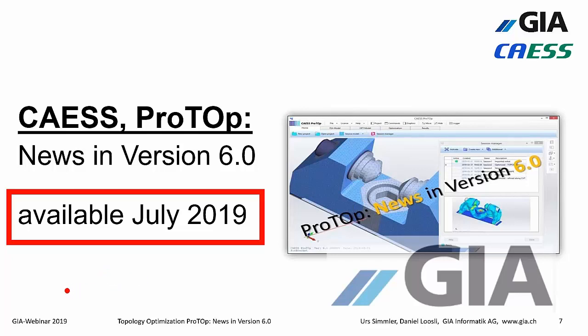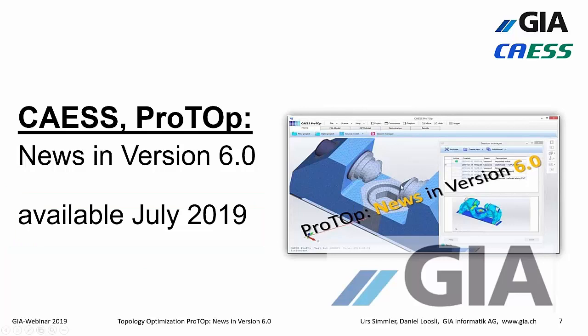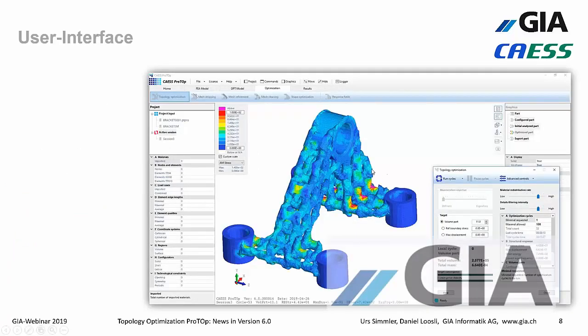If there are customers in the call who are excited about the news in the new version and want to use it earlier than July 2019, they can send me an email and I will arrange that you can also get a beta version of ProTop 6.0, because there are exciting news in that environment.